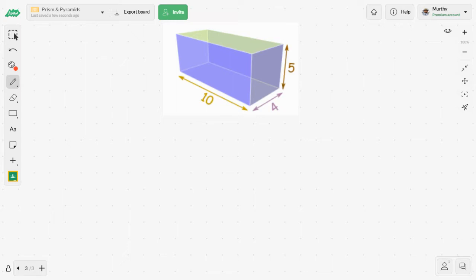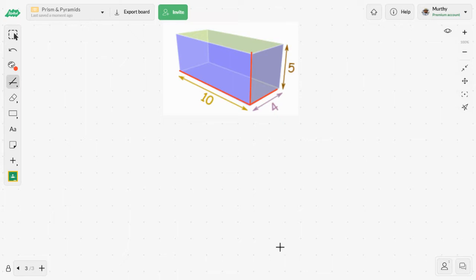What does three-dimensional mean? Please look at this diagram. You see that it has some length, and it has some width. This is the width and this is the height.